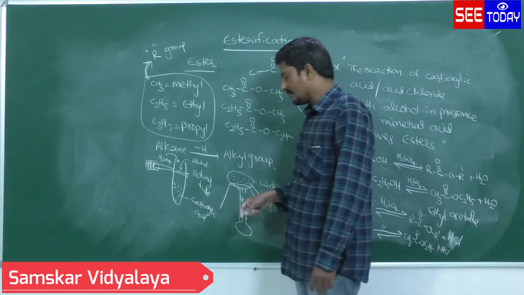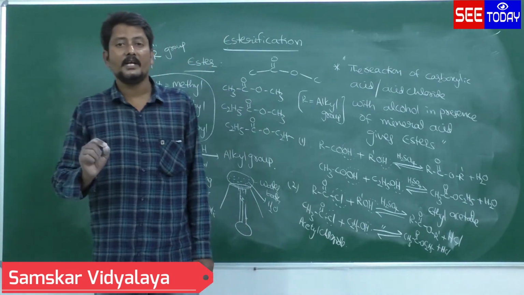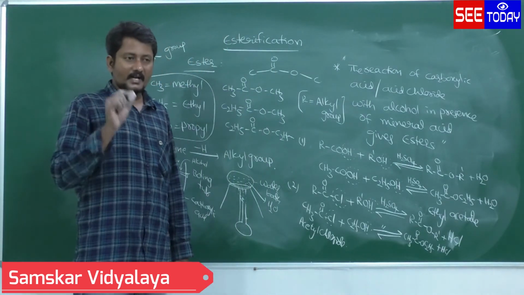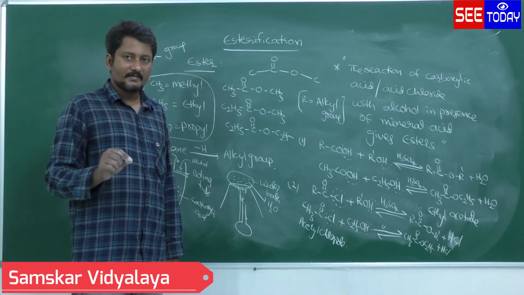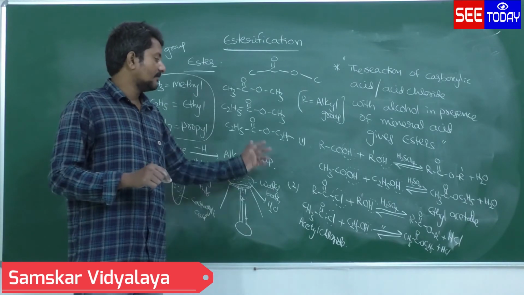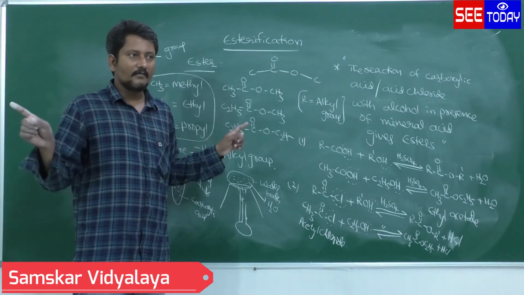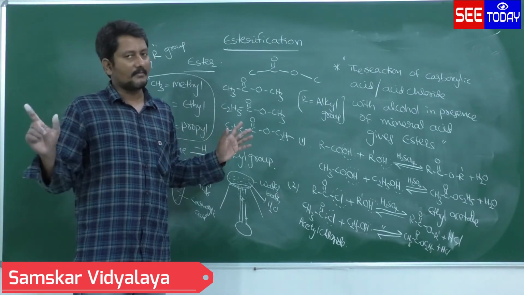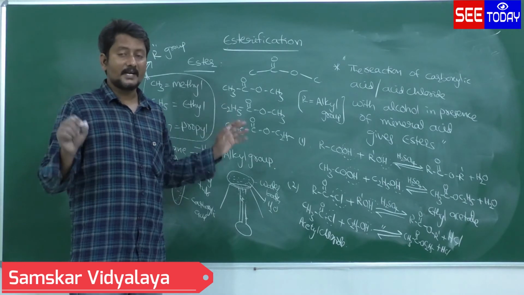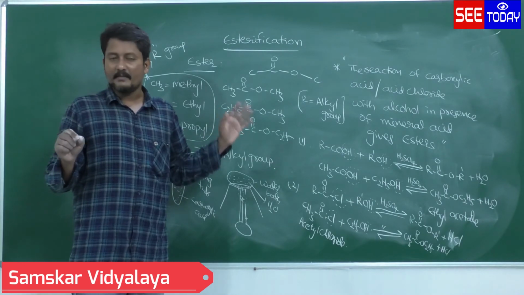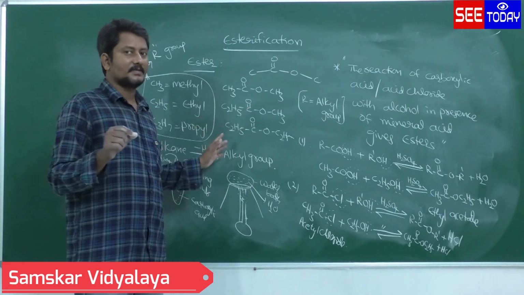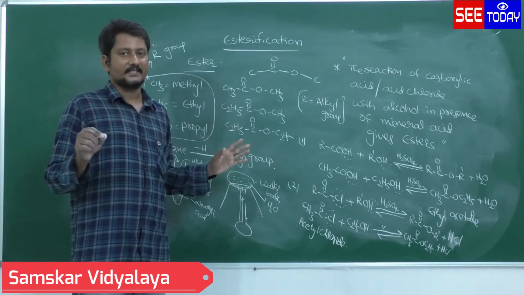After heating, you will observe the fruity smell. If a fruity smell is observed, the formation of ester can be confirmed. If there is no fruity smell, no formation of esters. This is the lab activity. In the lab, we can do this experiment to identify the esters.